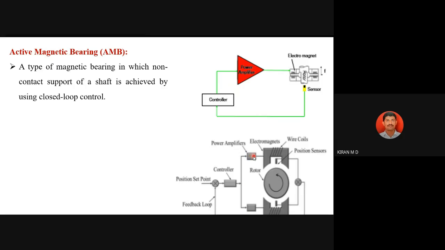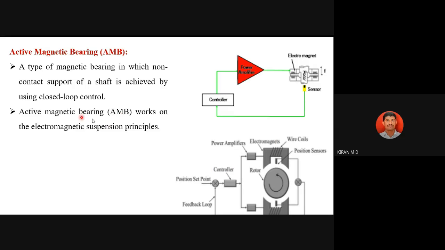If it is necessary to increase the electromagnetic force, it will increase, or if it is necessary to decrease the electromagnetic force, it will decrease. In both cases it does the same function. This is the actual working of the active magnetic bearing.